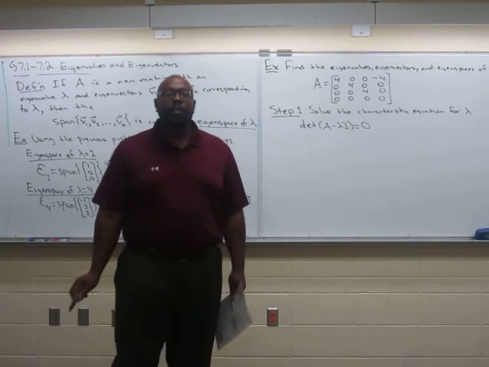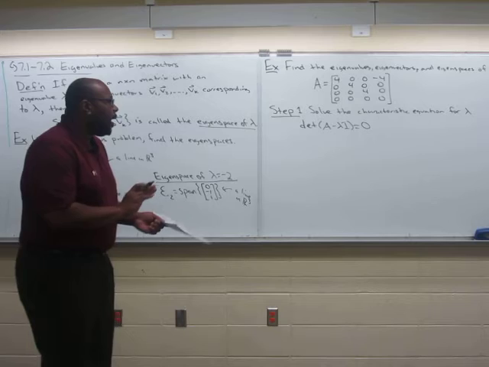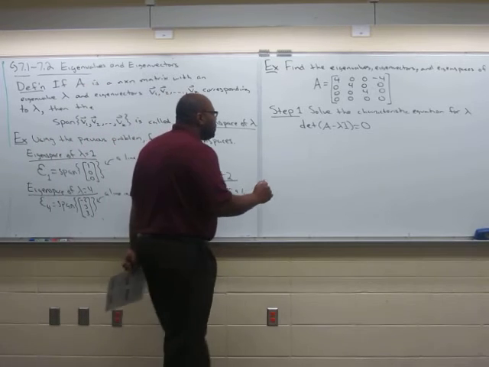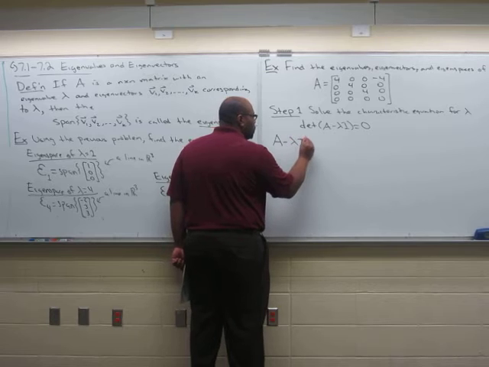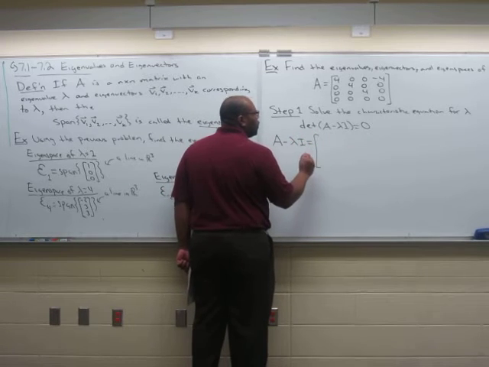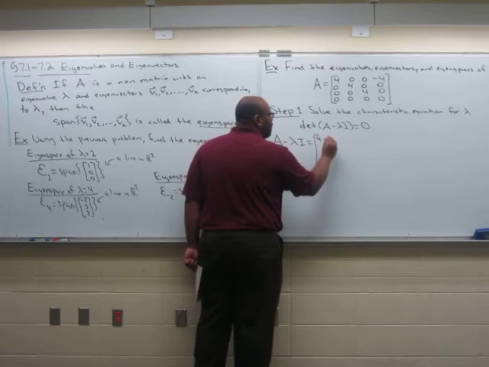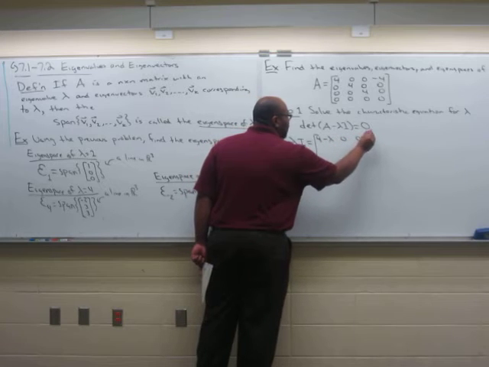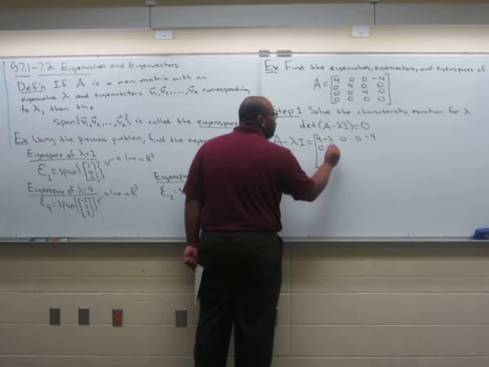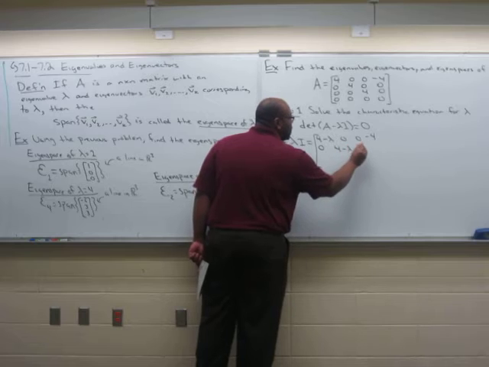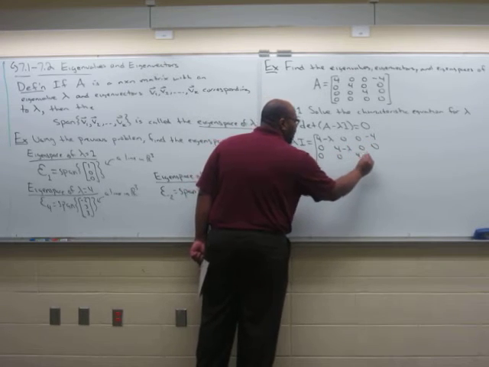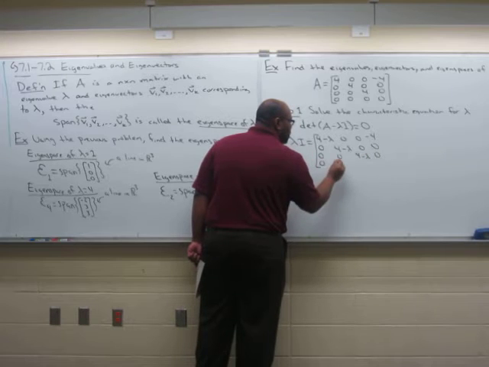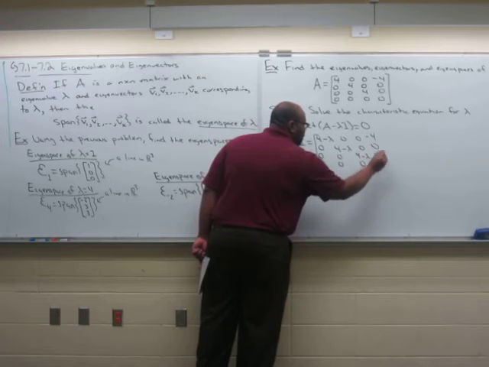Let me just write out what A minus lambda I looks like. That'll be 4 minus lambda, 0, 0, negative 4. 0, 4 minus lambda, 0, 0. 0, 0, 4 minus lambda, 0. 0, 0, 0, negative lambda.